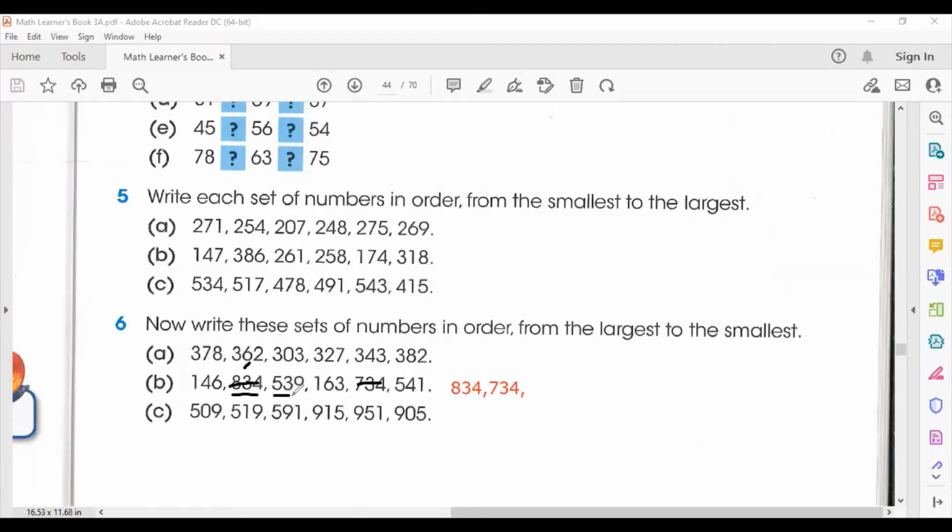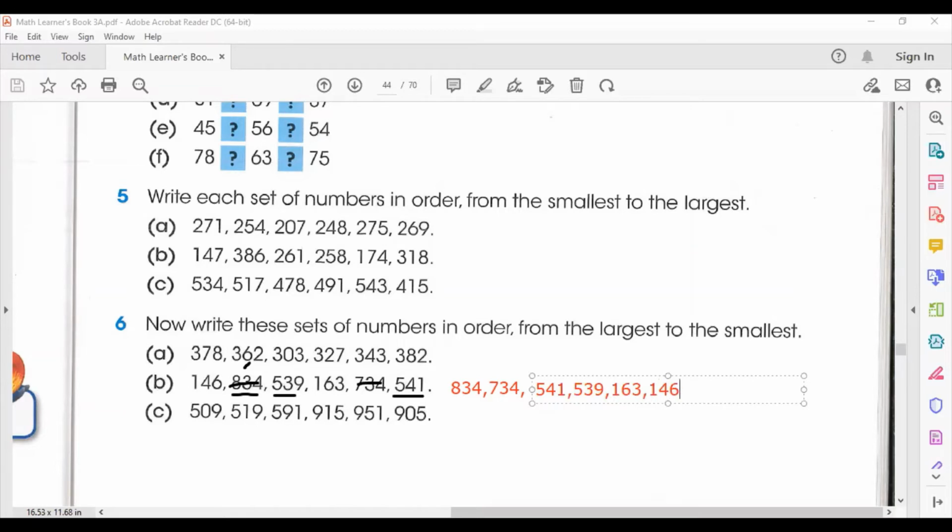Okay, now we have 539 and 541. 39, 41. 41 is bigger, yes? So we write this first, 541. After this, 539 obviously. Then we have only two numbers remaining, 163, 146. Bigger one, 163 and then 146.